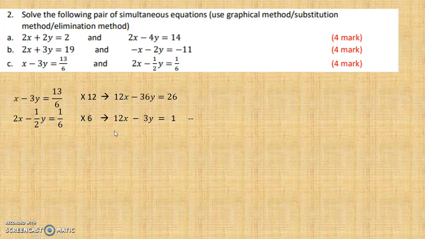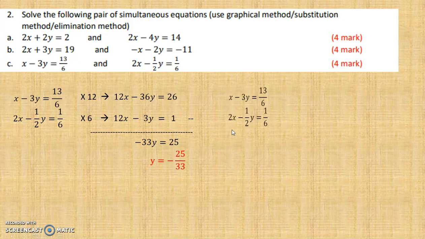As you can see, the coefficient of x is equal now. So we can minus, eliminate it. So negative 33y equal 25. So y equal negative 25 out of 33.